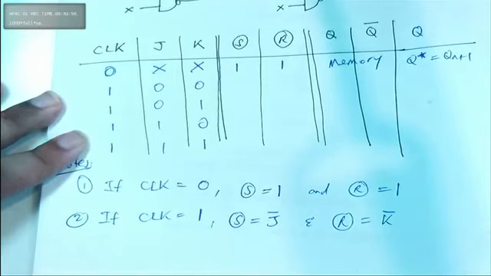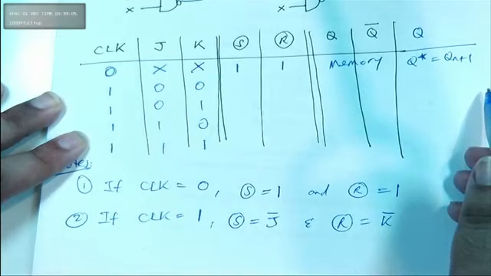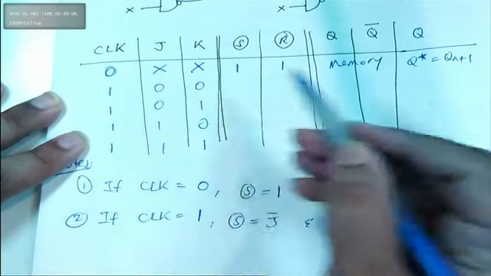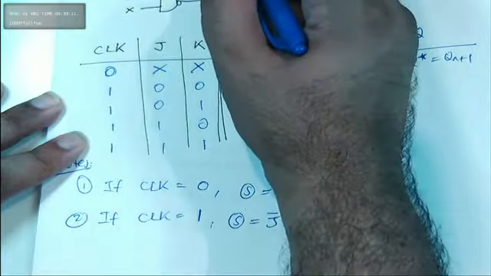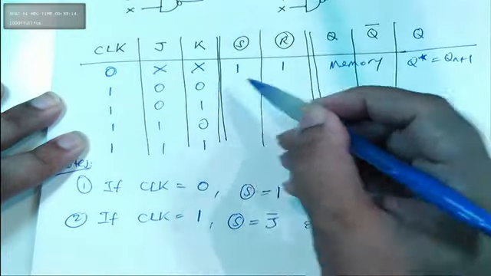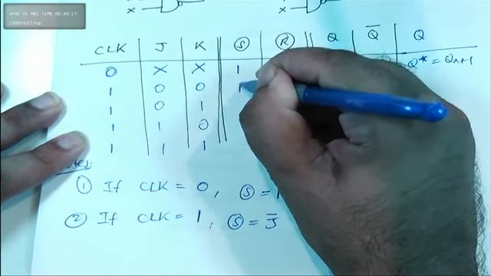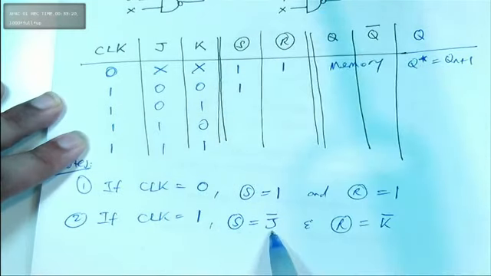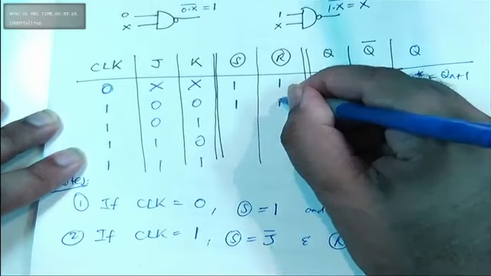Now let us consider the case of 0, 0, the first line. S circle will become 0 bar, which is 1, because S circle is equal to J bar and R circle is equal to K bar.